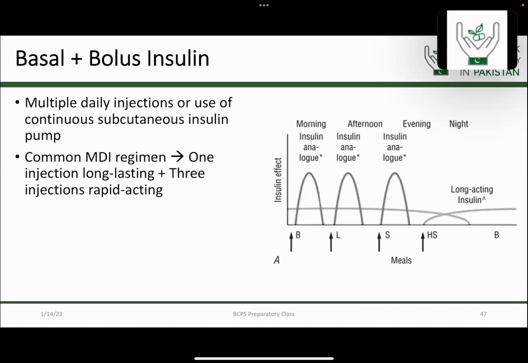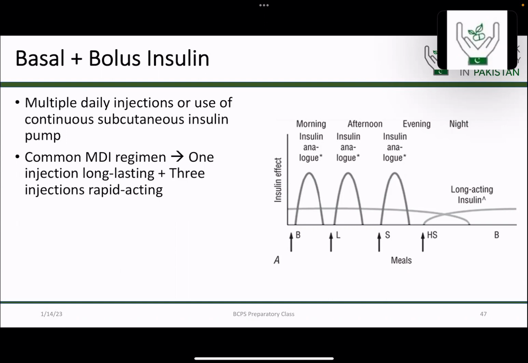So the basal bolus insulin regimen would have a basal insulin injection and bolus insulin injections before every meal of the day. This is the most common regimen for managing insulin therapy.